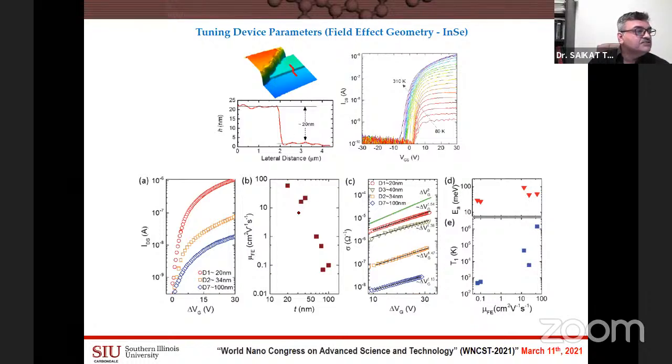You can see that if you keep reducing the thickness of the indium selenide field effect transistor channel from roughly 20 to 100 nanometers, the field effect mobility decreases. Similarly, these are other parameters that you can use to figure out the mechanism of charge transport and so on. If people are interested, we can talk about that more.